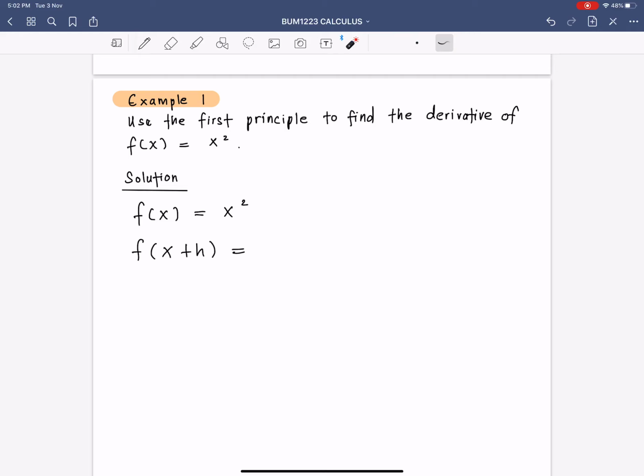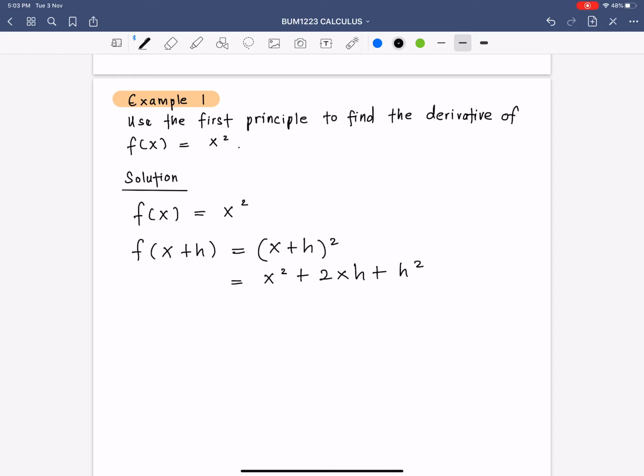So what you have to do here is replace x with x plus h. Therefore, we have (x plus h) squared. We want to expand this, so we have x squared plus 2xh plus h squared.